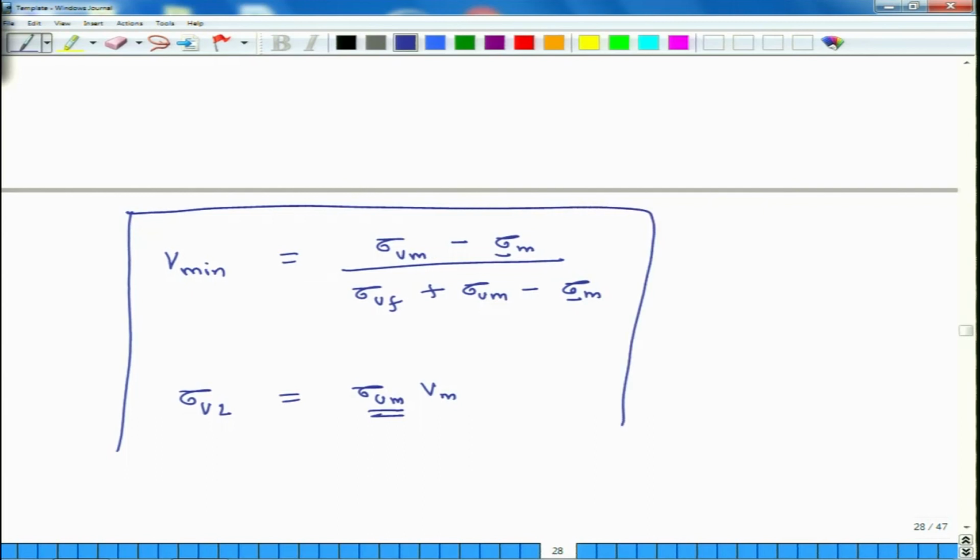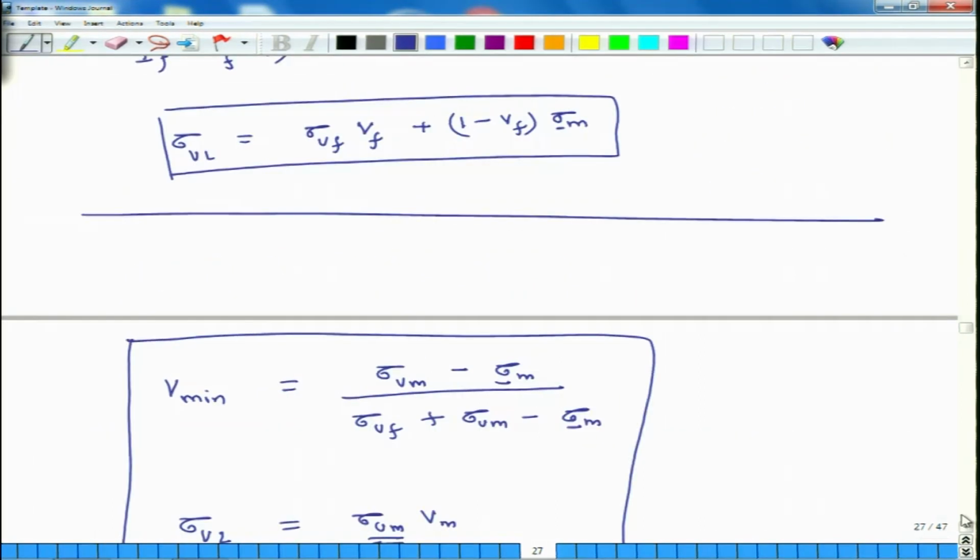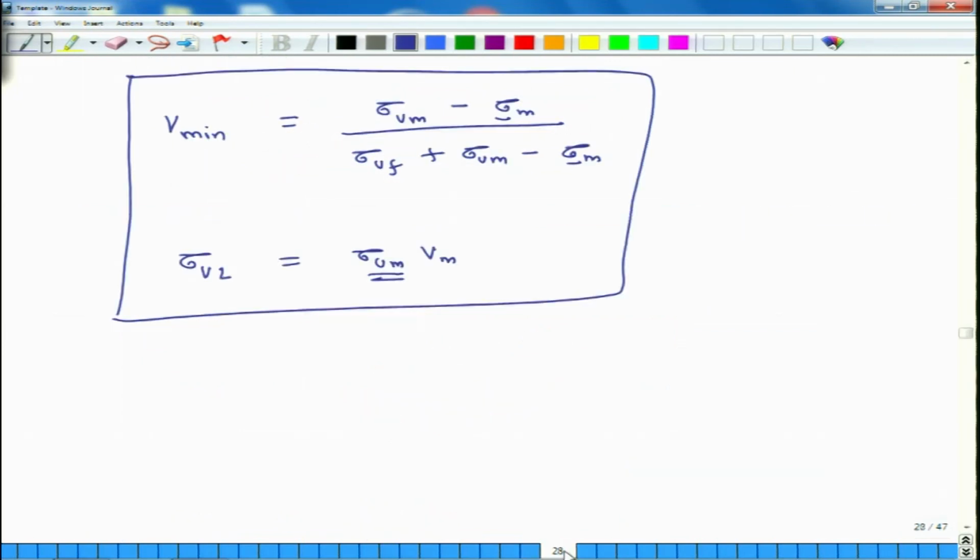So, these are the two scenarios, and for both we have defined the tensile strength of the composite in the longitudinal direction. So, we have discussed longitudinal modulus and longitudinal strength.